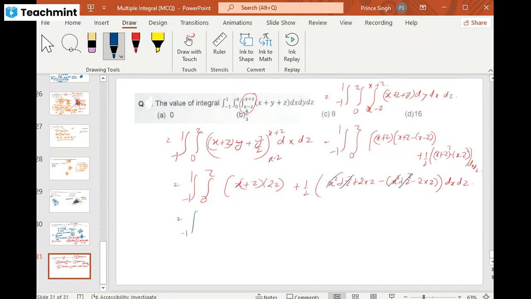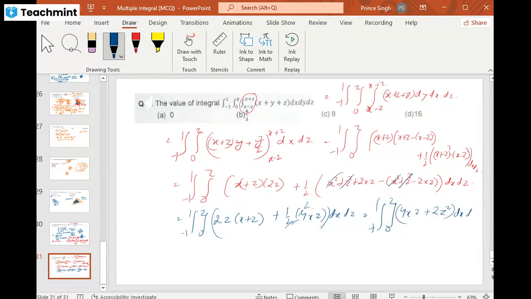So this is minus 1 to 1, 0 to z, 2z into x plus z plus 1 by 2 times 4xz, dx dz. Or if we open this bracket, this is 2xz plus 2xz, 4xz, plus 2z square, dx dz.